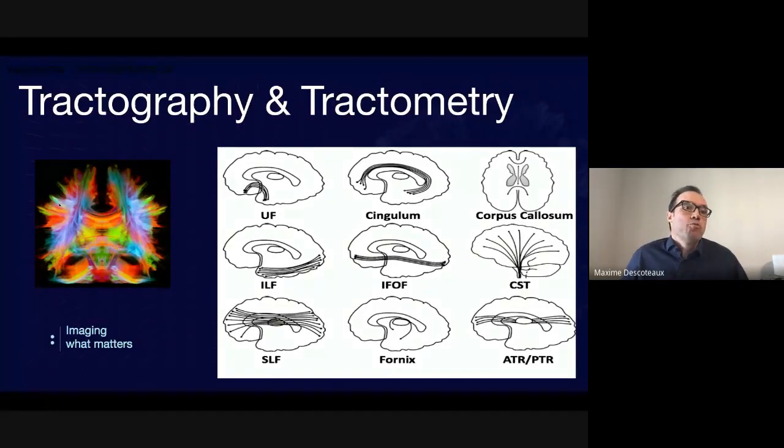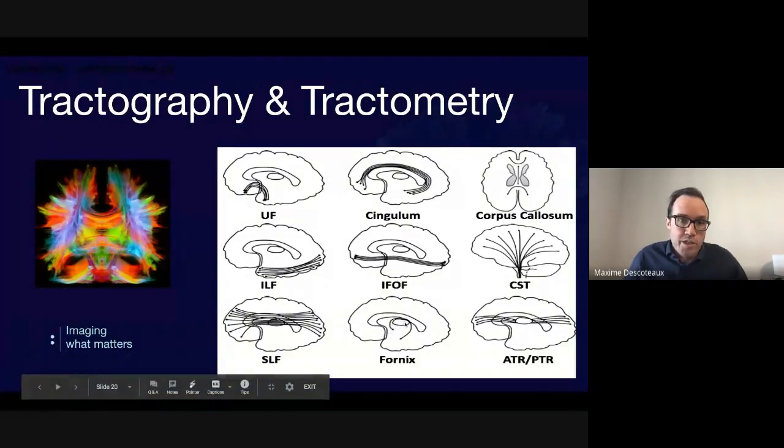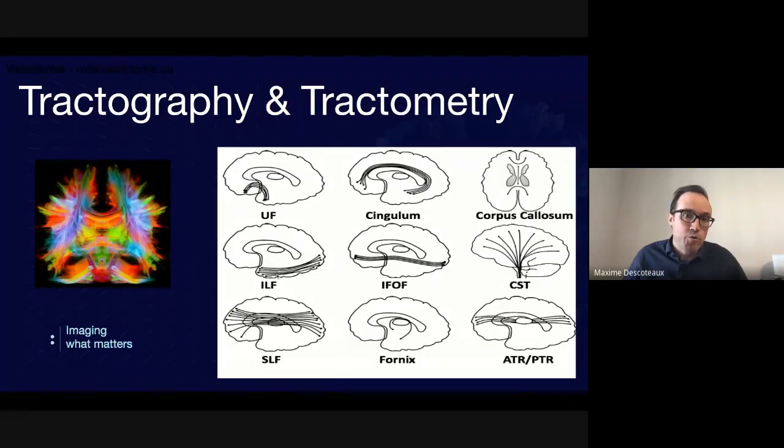And from this whole brain tractography, we're going to start extracting individual fiber bundles that are related to anatomy and to function, such as, let's say, the cingulum bundle that's implicated in the limbic system, the fornix here that's implicated in the memory system, different association pathways that are connecting temporal lobe to frontal lobe to occipital lobe, and as such.